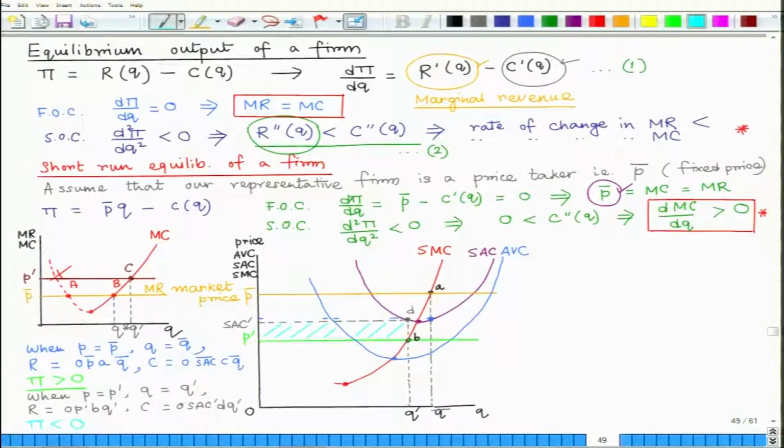That is the next question that we would like to answer. Okay. So now let us study whether the firm will continue to produce if it experiences loss in short run. So now we are going to introduce two concepts which are very interesting, the concepts of break even point and shutdown point.